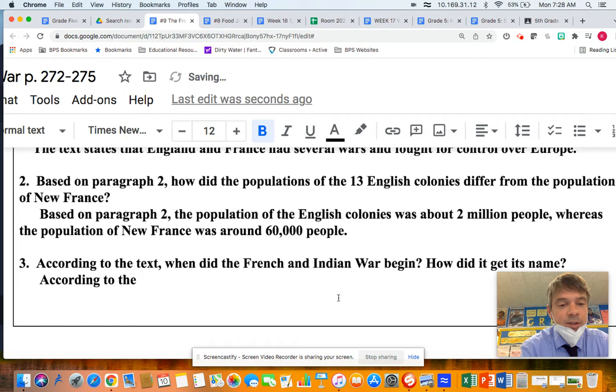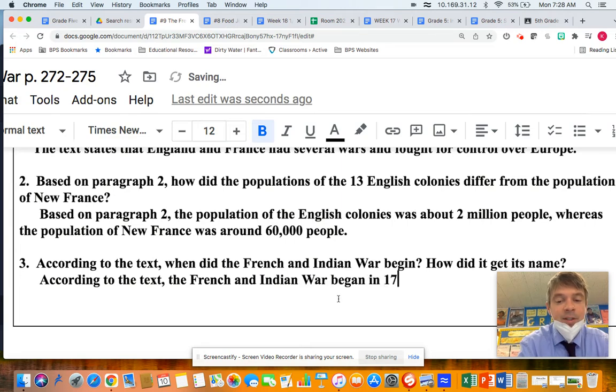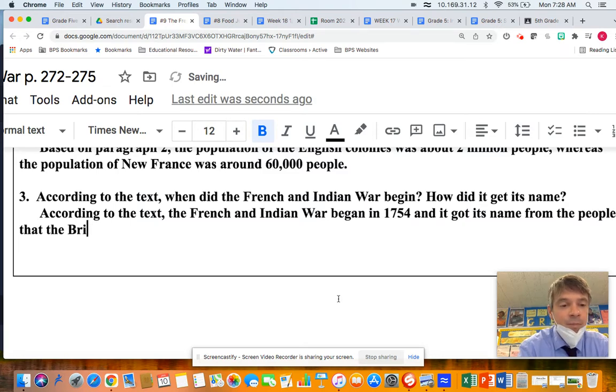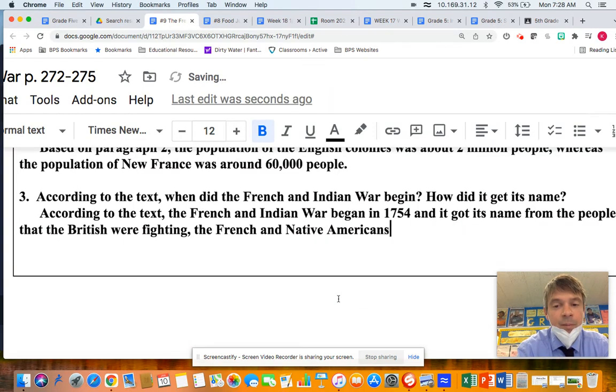So it says, according to the text, the French and Indian War began in 1754, and it got its name from the people that the British were fighting, the French and Native Americans, which in this case they use the word Indian in the book.